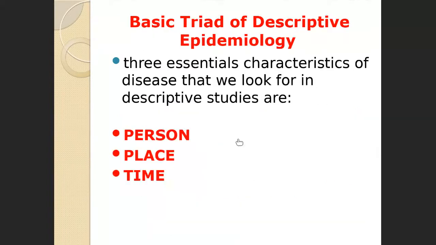The first one is the basic triad of descriptive epidemiology. We describe here related to person, place, time, the same as we said in the definition.